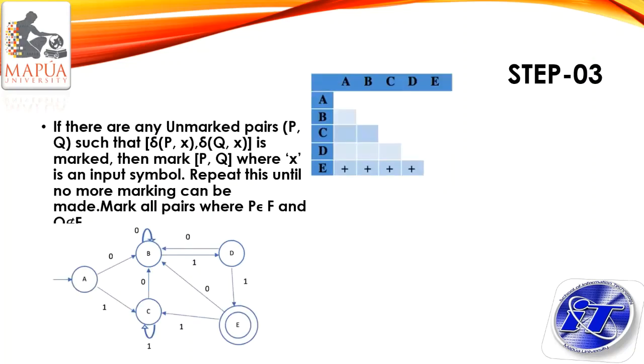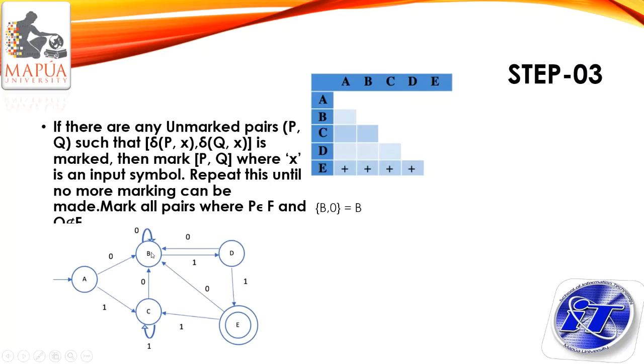In step three, we're going to determine the paths of the pair states. If one of the pair's paths falls in a marked cell, we're going to mark the cell that we are evaluating. For example, let's start with BA. We have two inputs for B and A, it could be either 0 or 1. Let's start with 0.